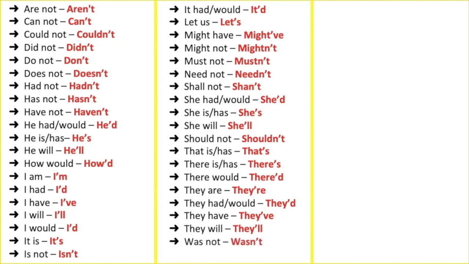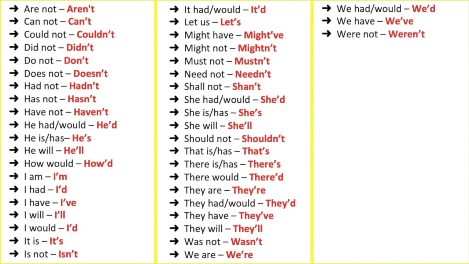Was not, wasn't. We are, we're. We had or we would, we'd. We have, we've. Were not, weren't.